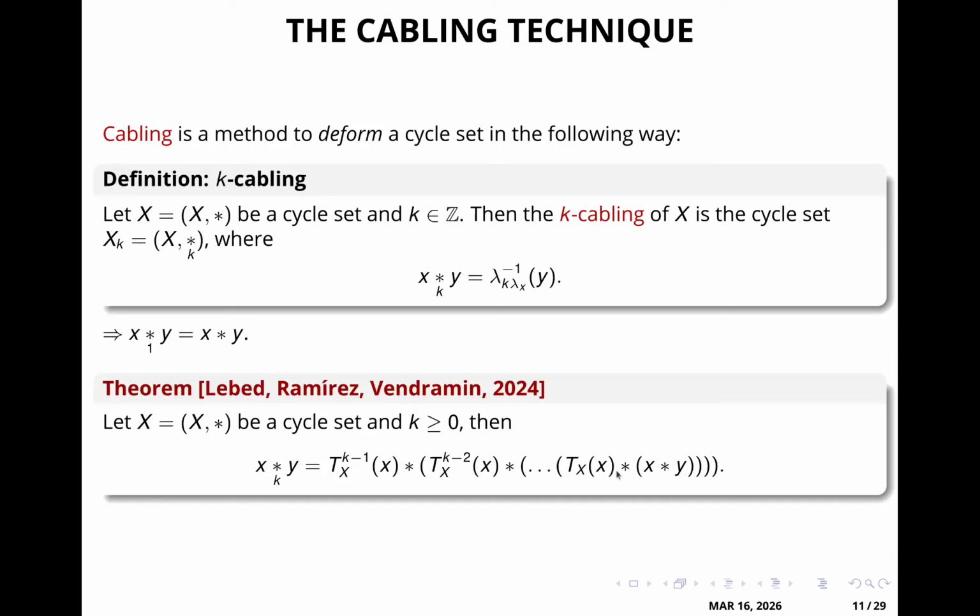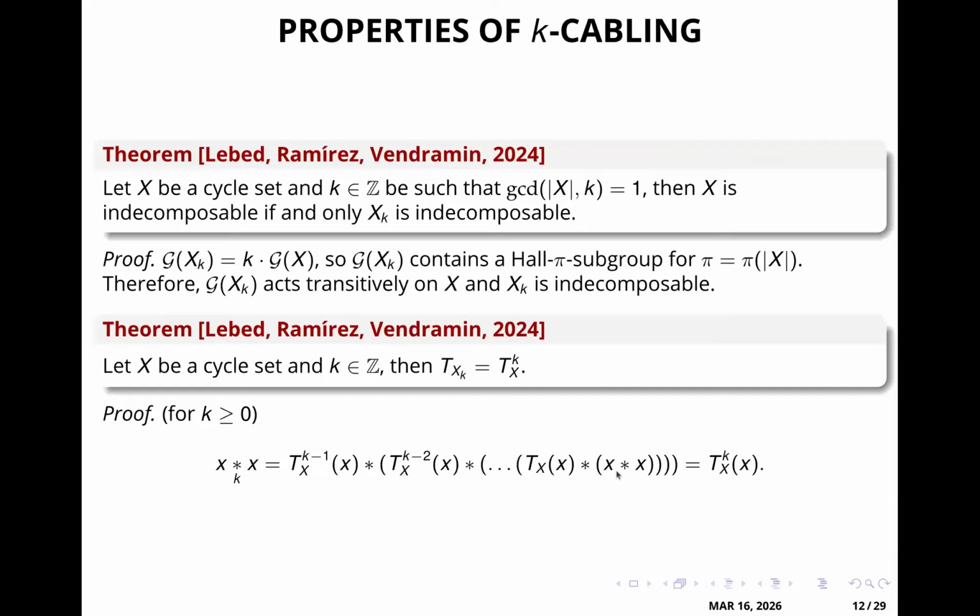So this means if we deform a cycle set, or if we take a k-cabling, then we know exactly what the diagonal will be. And furthermore, another nice property of k-cabling is that we have some control over decomposability.